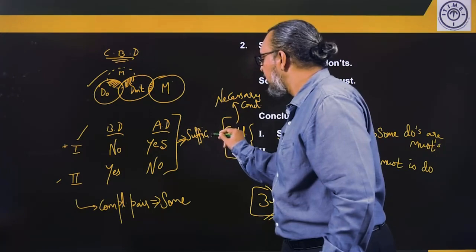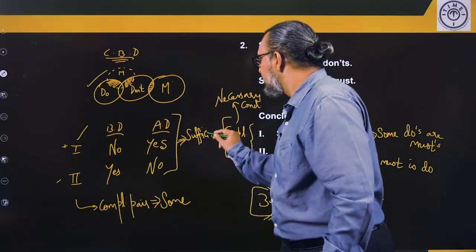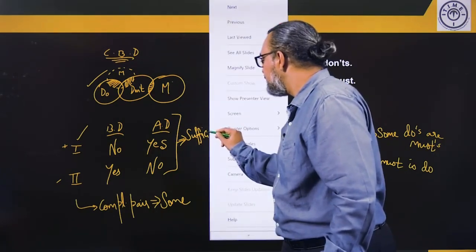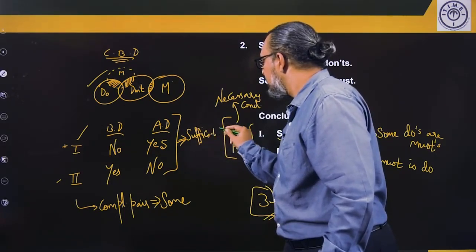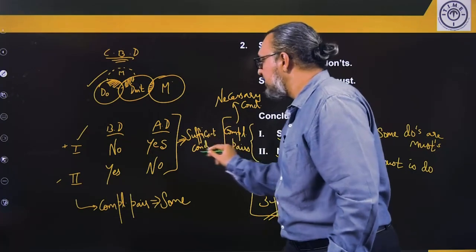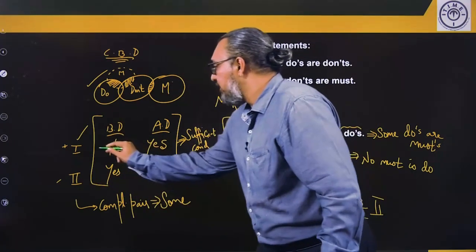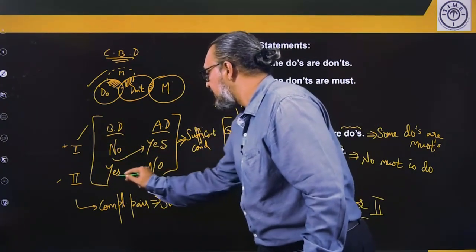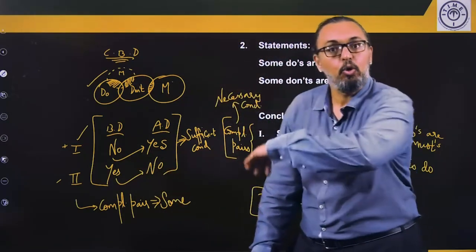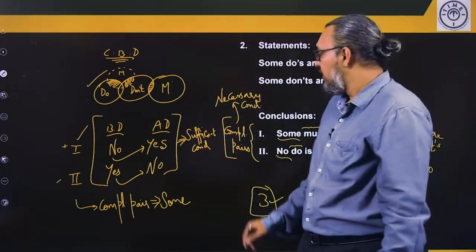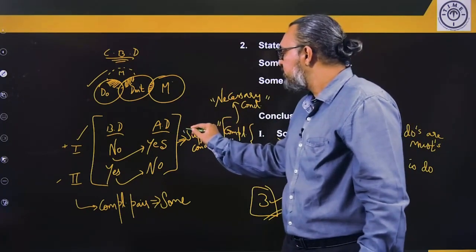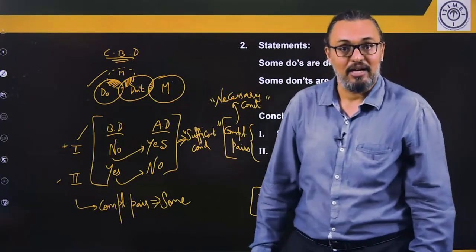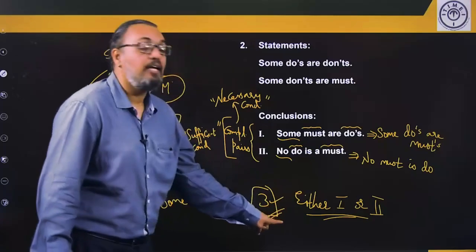It means you need this, where you have a no becomes a yes and a yes becomes a no. A yes-no, no-yes combination should be available. So along with the necessary condition, you also need this sufficient condition. If both the conditions are satisfied, then and only then we will get either or.